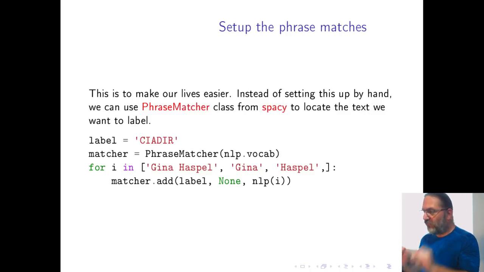Not for the phrase matcher. The phrase matcher is purely at a token level. At a document level, though, certainly you could classify those documents based on the set of entities, for example. If the set of entities includes Gina Haspel and CIA, then this is a document about the CIA. Otherwise, maybe it's about something else. Does that make sense? At this level, you would have a separate phrase matcher for CIA and Central Intelligence Agency and whatever else, Quantico or whatever else you want.